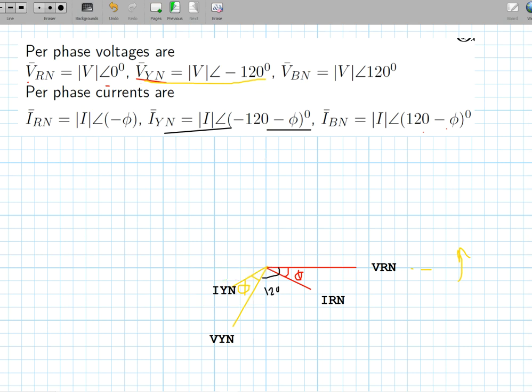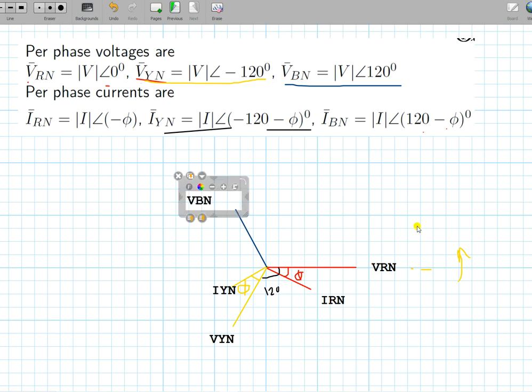Similarly, look at the VBN phasor. You will observe that VBN is plus 120 degrees, which means the VBN phasor will be at plus 120 degrees here, and the current is lagging this, and lagging means opposite to the arrow. Suppose this is the VBN, then lagging is opposite to the phasor rotating arrow.